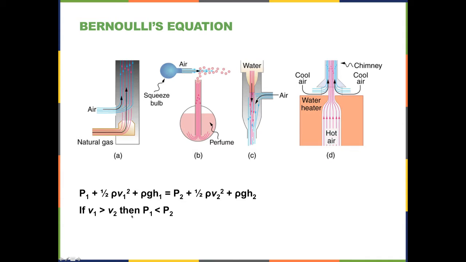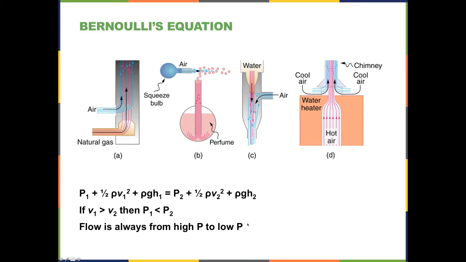So for example, if this is V1 in here and this is V2 out here, then the pressure out here has to be less than the pressure in here, or vice versa. And so that's what leads to the flow of air in these various situations.